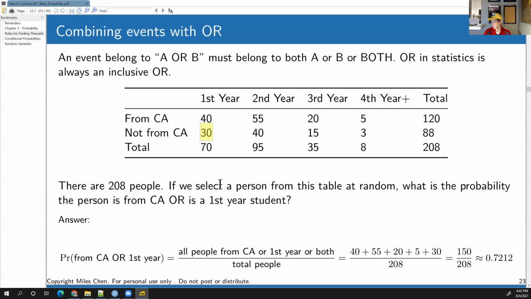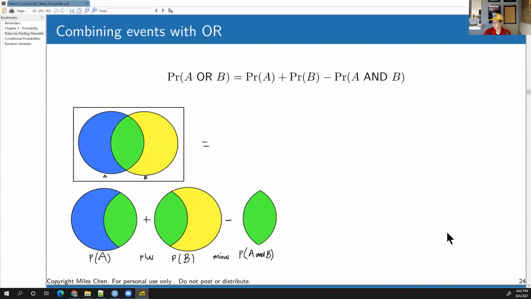They also count as being from California or being a first-year student or both. And so when you add those up, you get 150 out of 208, okay? 150 out of 208, and you get something around 72%, right? So we can just take all of these numbers of people who qualify, and we get 150.